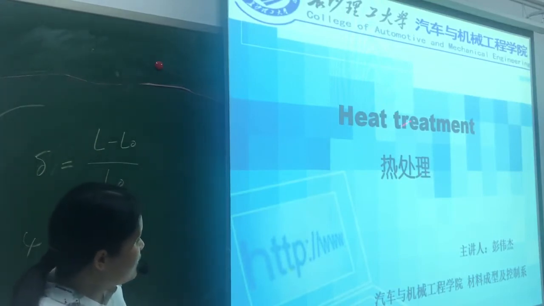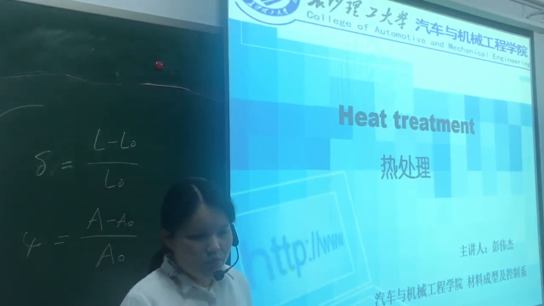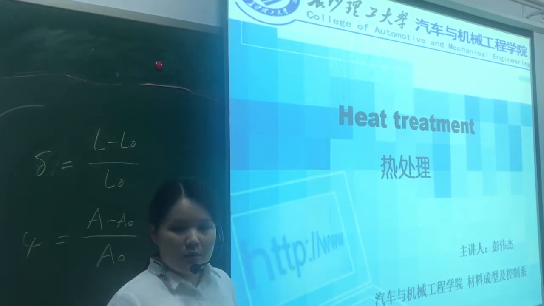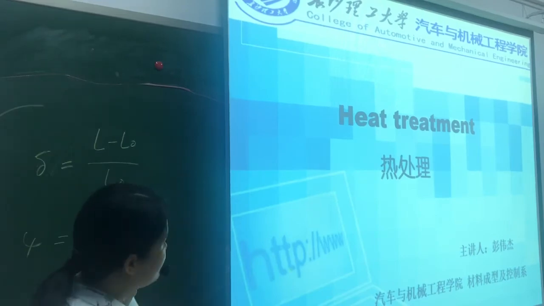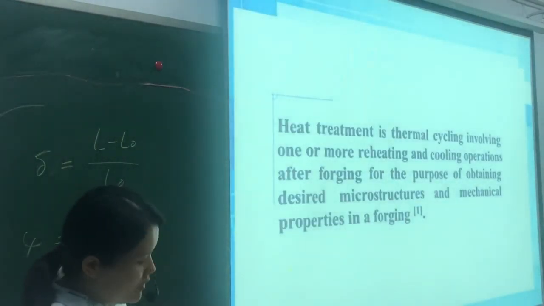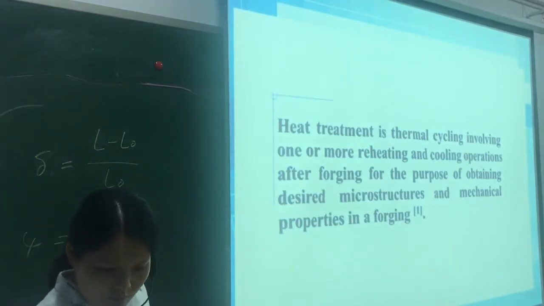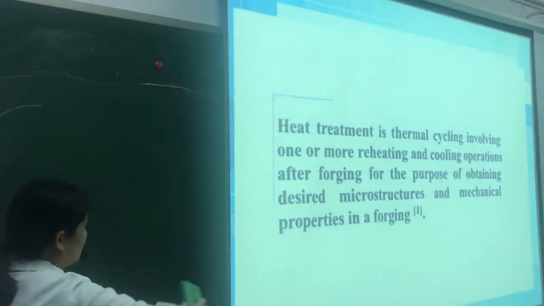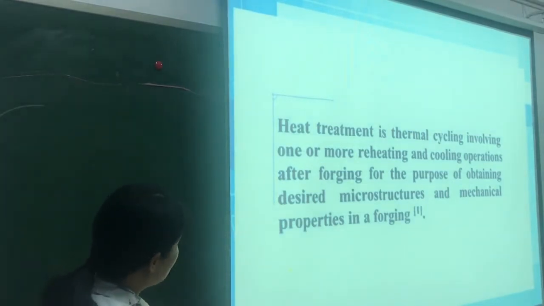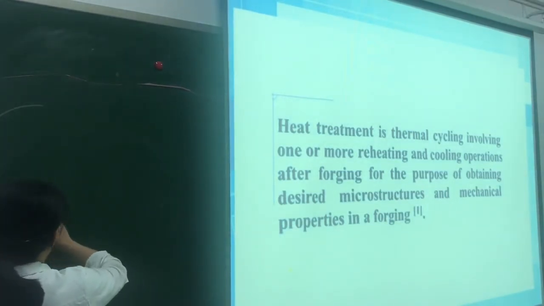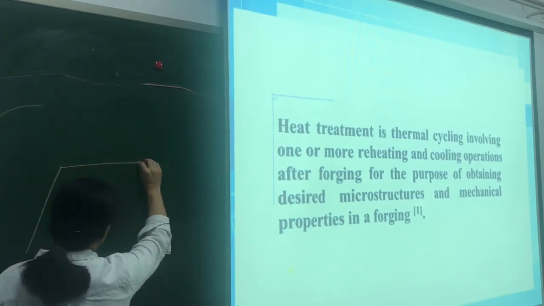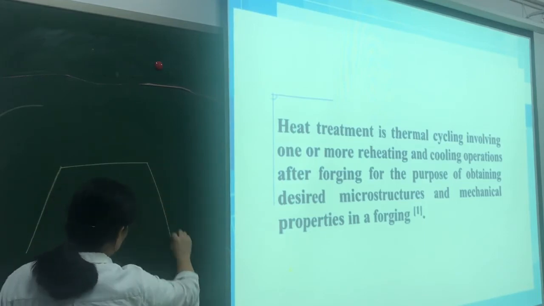Heat treatment is used to produce the microstructure and mechanical properties that we need. In heat treatment, we heat the material, hold it for a time, and then cool it.